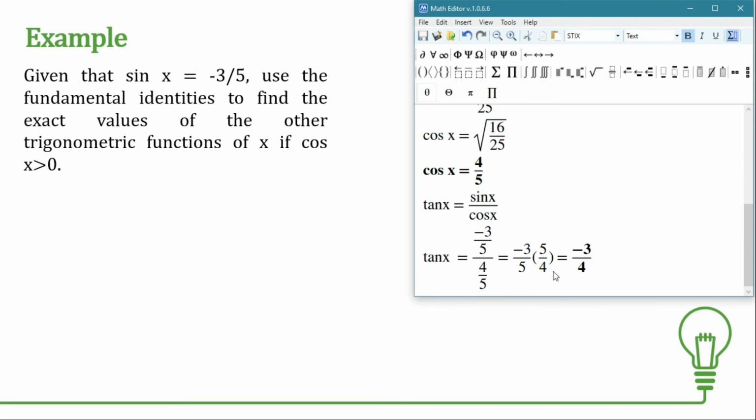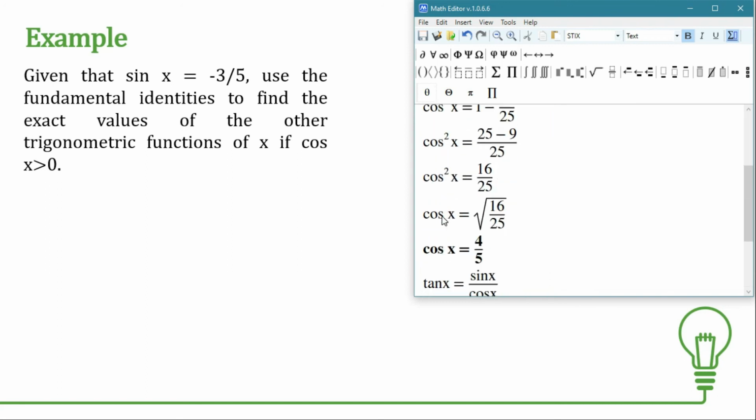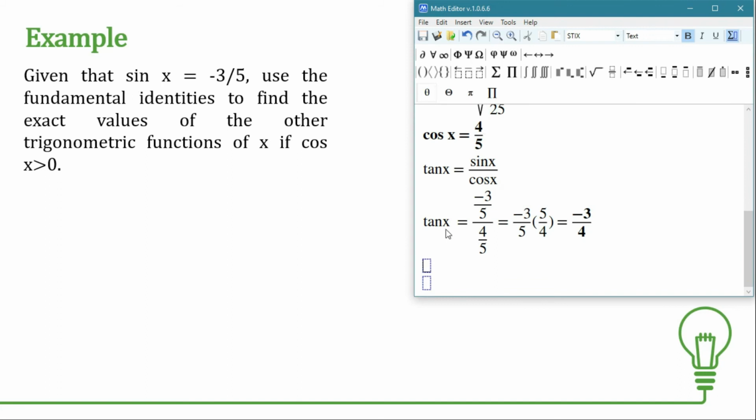Alright? But since hinahanap pa natin yung tatlo pa, or the three more functions, since we already have an idea of the reciprocal identities, since yung basic trigonometric functions naman ay given, so we can represent cosecant, alright, using fundamental identities pa rin, ano?